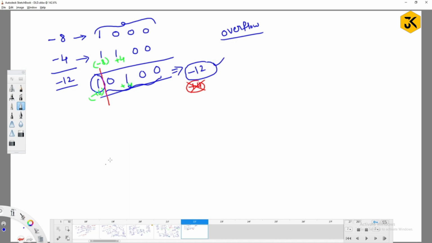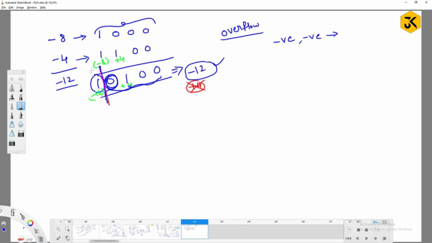Right? So try to think, when you add two negative numbers, what is the result you are getting? Basically, in terms of the system, a positive number you are getting.